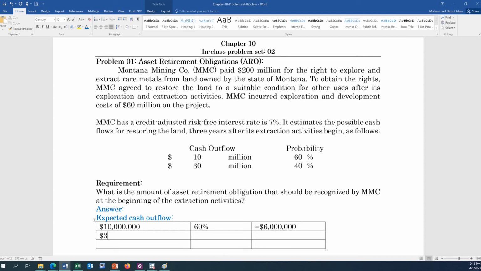And 30 million, the probability is 40%, so it's going to be 12 million. So the total expected value is 18 million. Expected cash outflow.